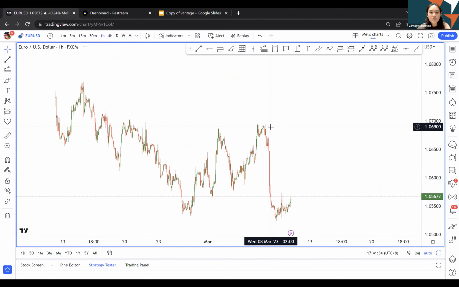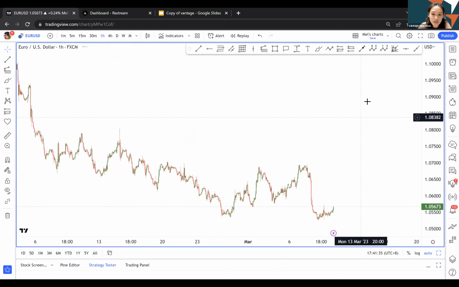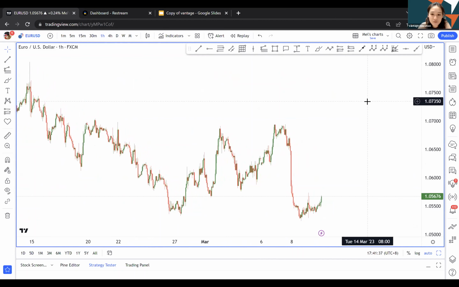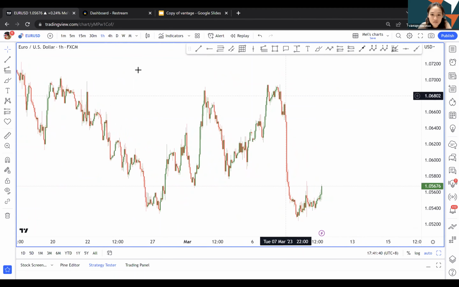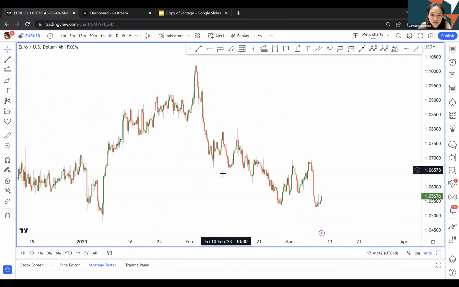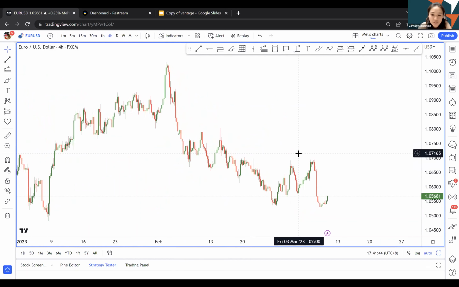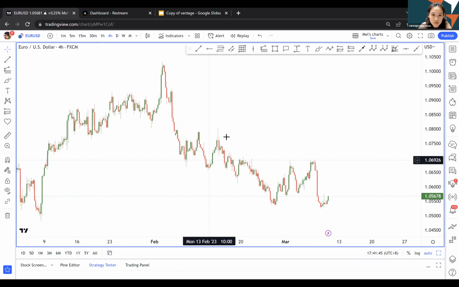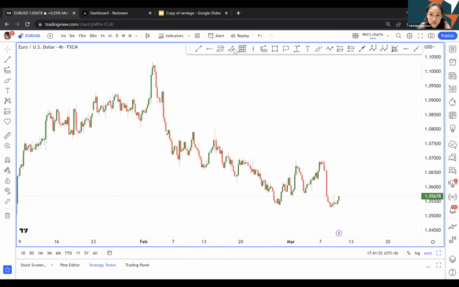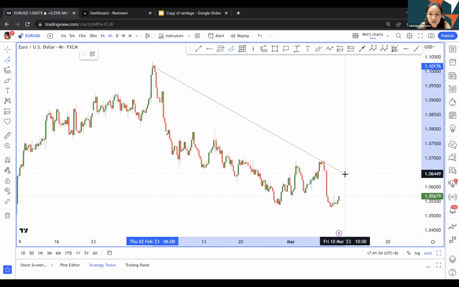Now let's start analyzing on our hourly time frame. Maybe 4 hours. We typically won't analyze on 5 minutes to 30 minutes because that's too much noise. So here I have a descending trend channel.